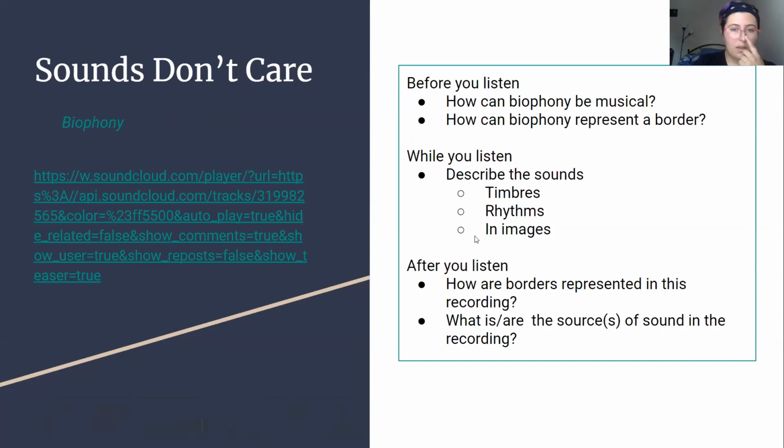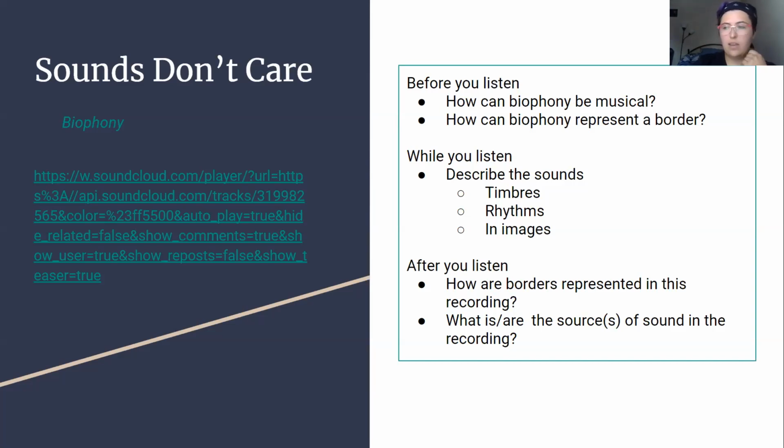We're going to also use the different tools about describing sounds, so high, low, resonant, echoey, short, all those examples that I gave you. And we're going to first think about, how can biophony be musical?